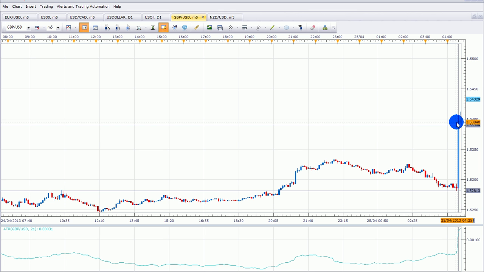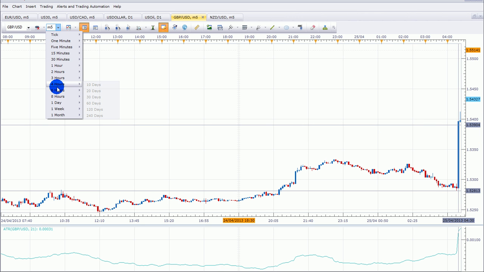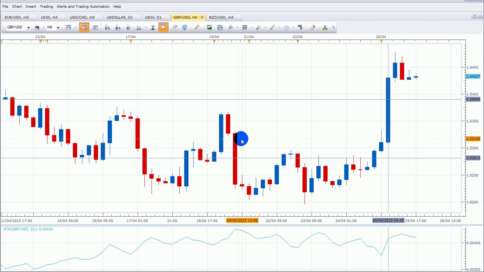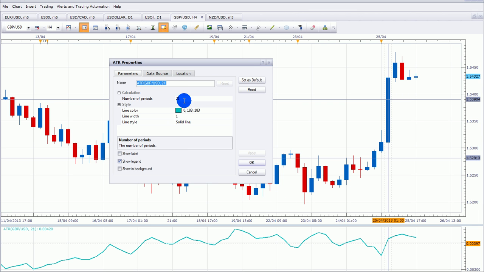So now I want to calculate the average true range not of the day but of the 5 hours, or since we don't have 5 hours, we put it at 4 hours. When I look at 4 hours, I look at the 30 period average true range. What is the big thing about the 30 period average true range? It covers the average for the week.